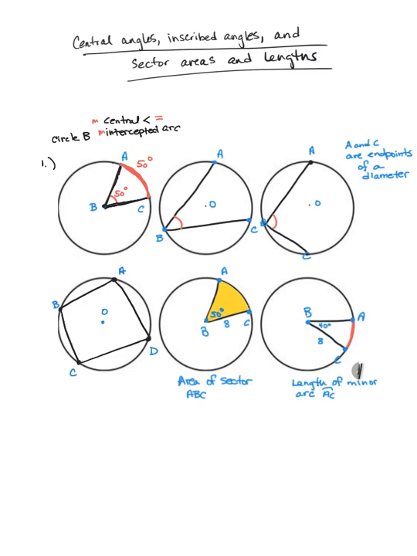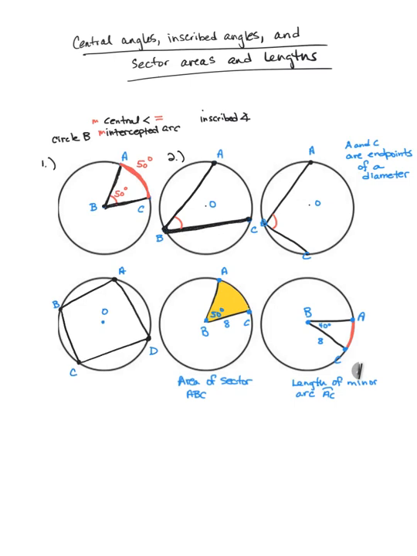All right, let's look at picture 2. For picture 2, you have what's called an inscribed angle. This is inscribed in circle O. An inscribed angle has the endpoints of the angle on the circumference of the circle.